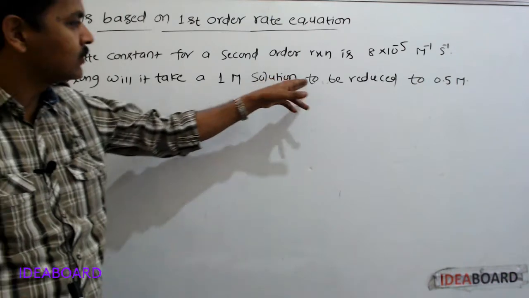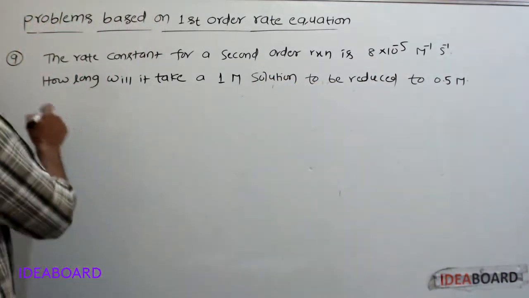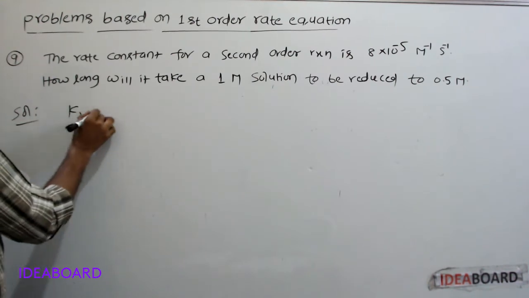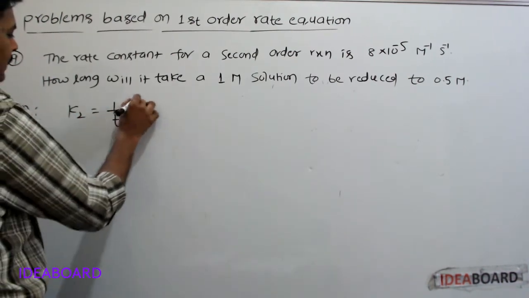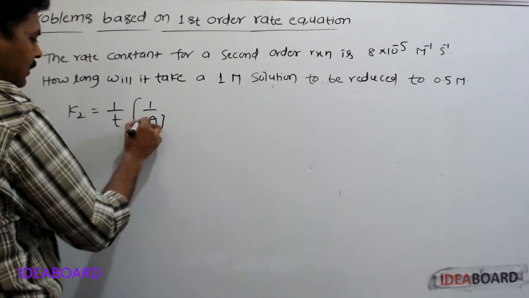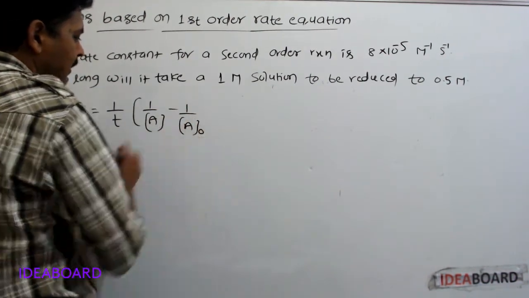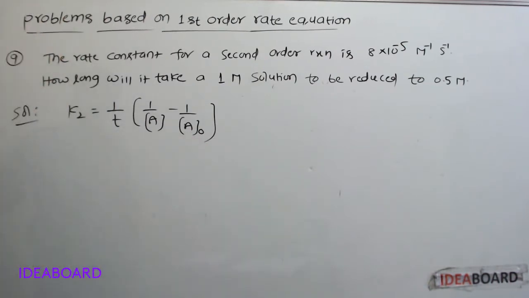How long will it take a 1 molar solution to be reduced to 0.5 molar? We know that second order rate equation K2 is equal to 1 by T into 1 by A concentration minus 1 by initial concentration of A.